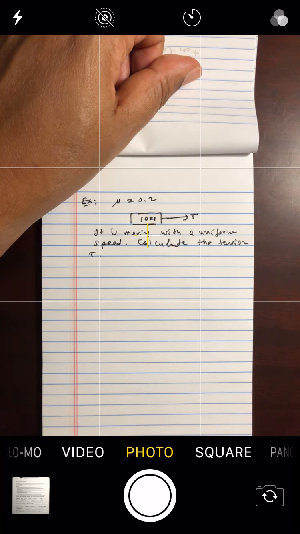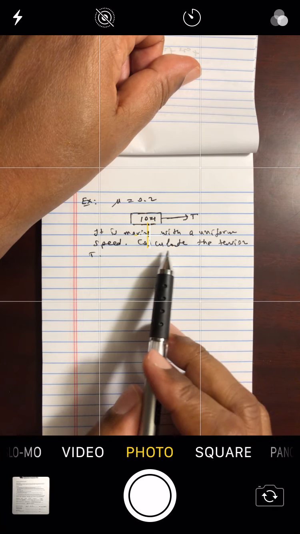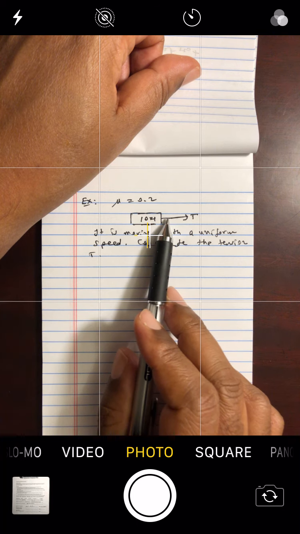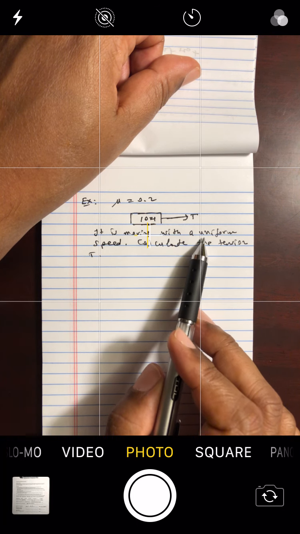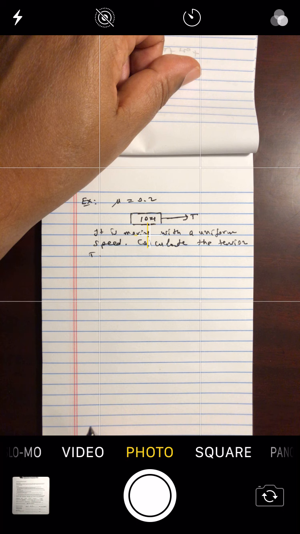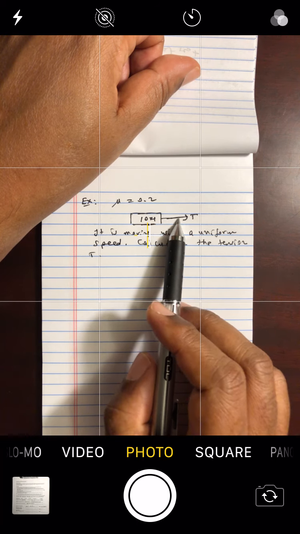Now, what does the fact that it's moving with uniform speed tell us? It's moving in a straight line with uniform speed, which means it is in equilibrium. Moving in a straight line with a constant speed is also equilibrium. So the sum of all the forces acting on this object should be 0. Why is this object not accelerating?